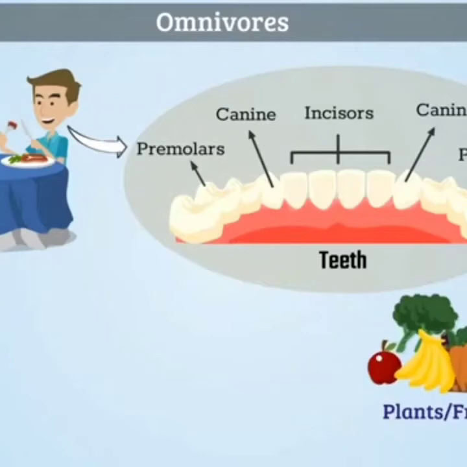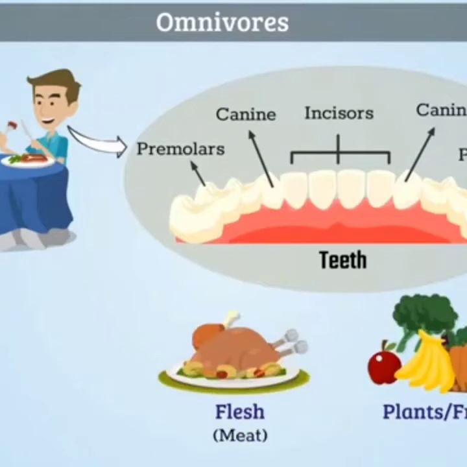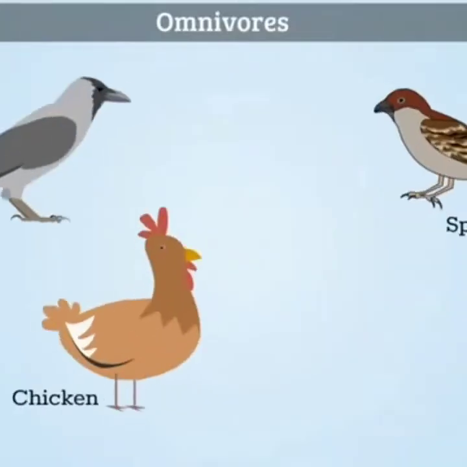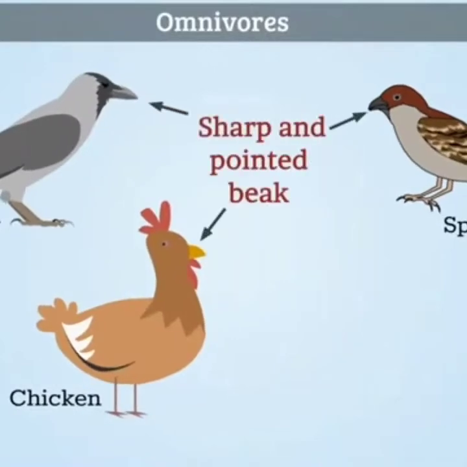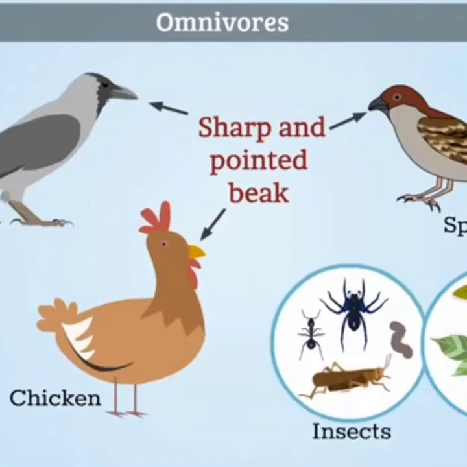Omnivores can eat both types of food. There are omnivorous birds also, which have a sharp and pointed beak to eat insects.